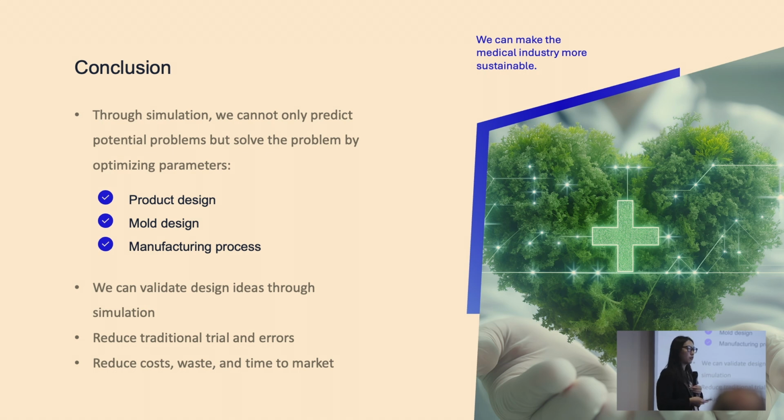But of course, during the part design stage, you can also check, for example, deformation defects and modify the part thickness, modify the ribs or bosses. During the manufacturing process stage, you can also optimize processes like filling time and packing time, to optimize for better part quality. We can also validate design ideas through simulations.